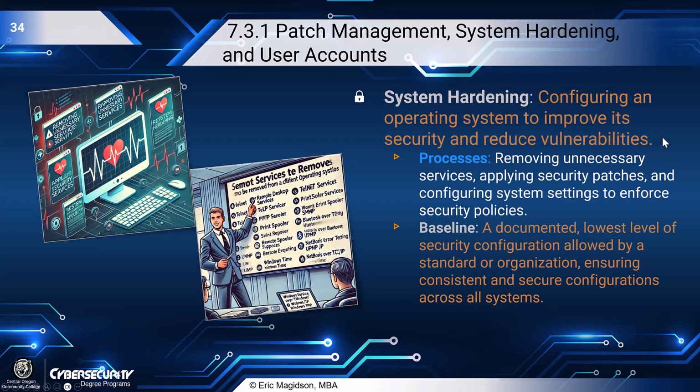So system hardening is the process of, once we have a patch management system, we know it's running, it's doing its job, we have to harden the system. And that basically means removing any unnecessary services, applying those security patches, knowing those are getting applied, configuring system settings to enforce whatever the security policies are for that organization.